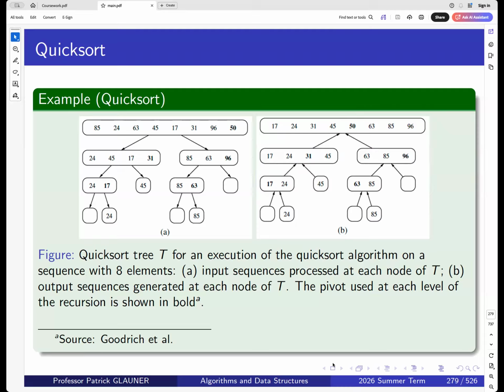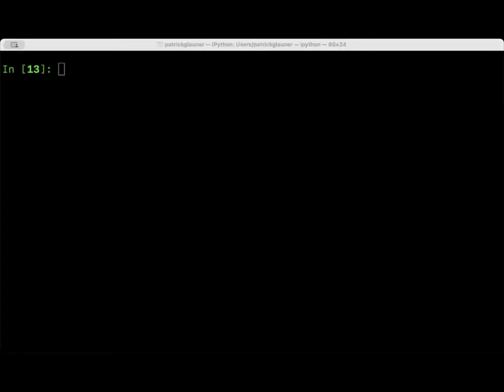And that's exactly what we want to implement now. And there are a lot of ways how we can implement quicksort, and we still need to see the claim whether this is actually quick. So we have quicksort for a sequence S. And again, we need to check if the length is less than or equal to 1.